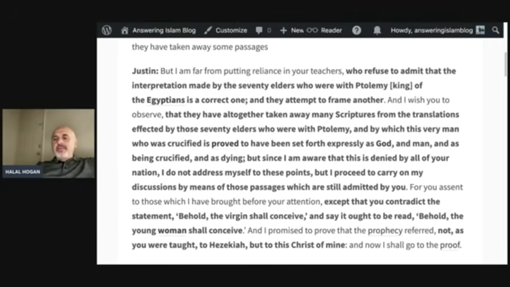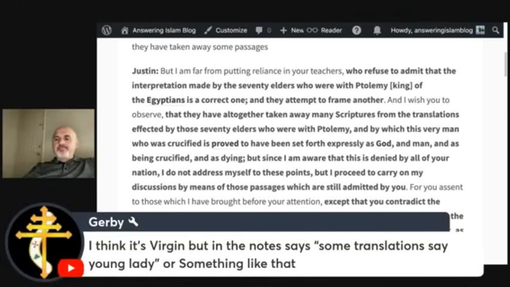At that time, they had 3 Greek versions of the Old Testament produced by 3 individuals: Aquila, Symmachus, Theodotion. In the 2nd century, 2 converts to Judaism and another one. Aquila, Symmachus, Theodotion. Some say they're all converts.